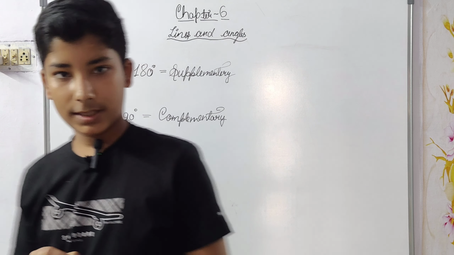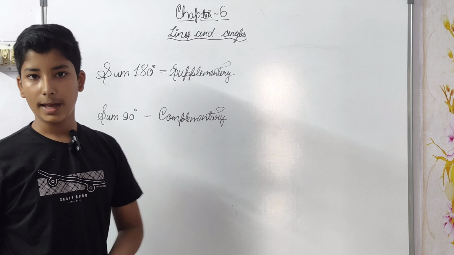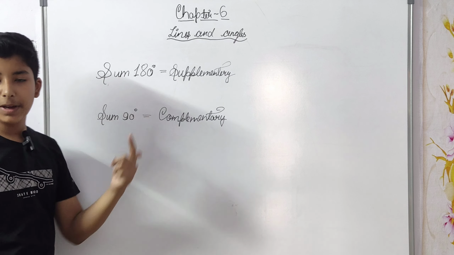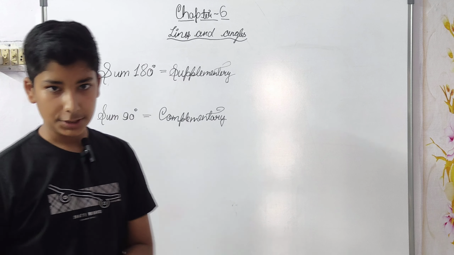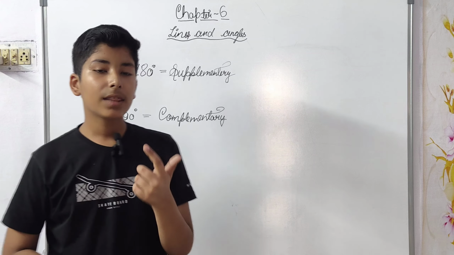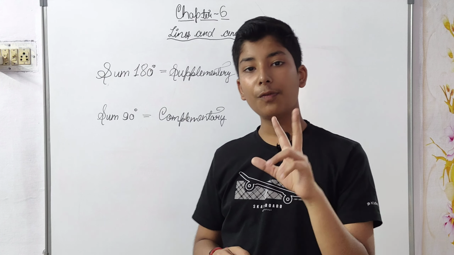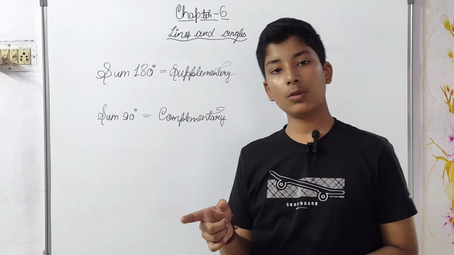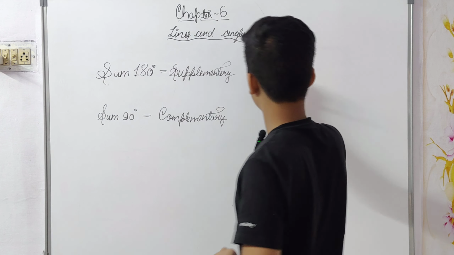Supplementary angles are basically the angles whose sum is 180 degrees. In supplementary and in complementary, there is a pair of two angles, not more than two, not less than two. Let me show you an example.